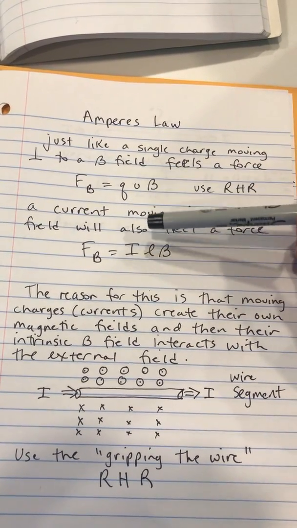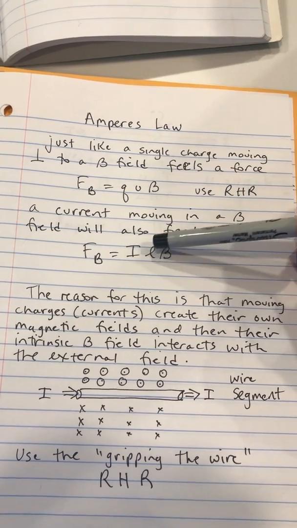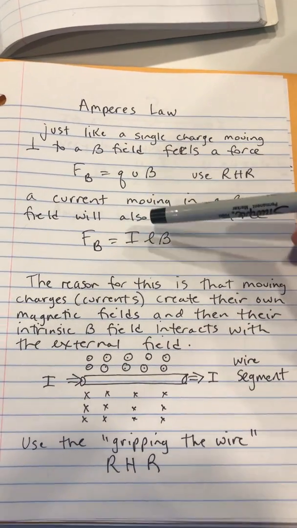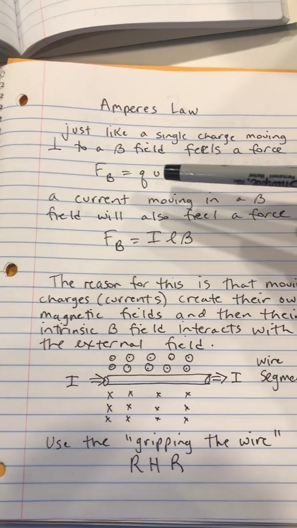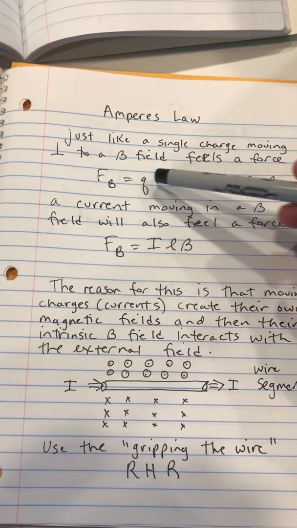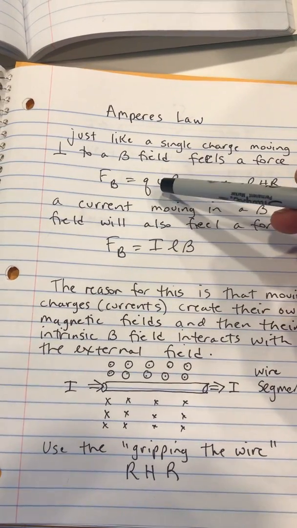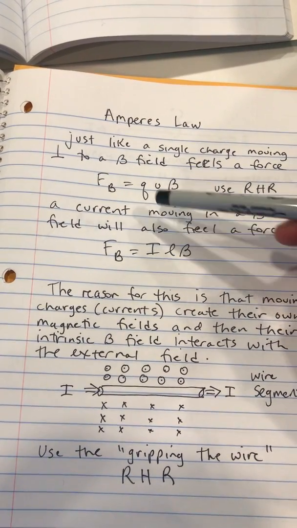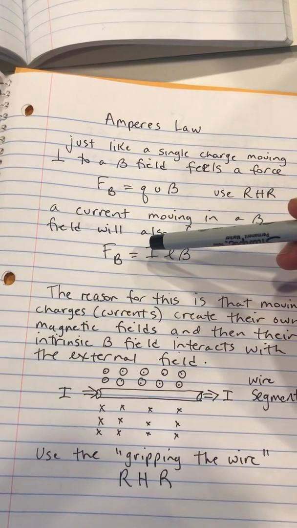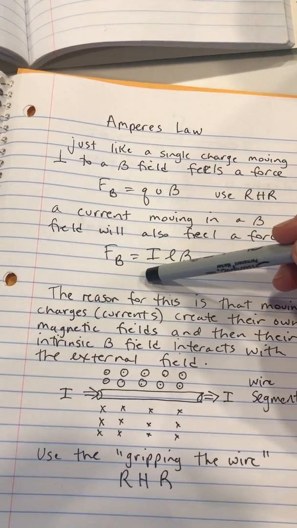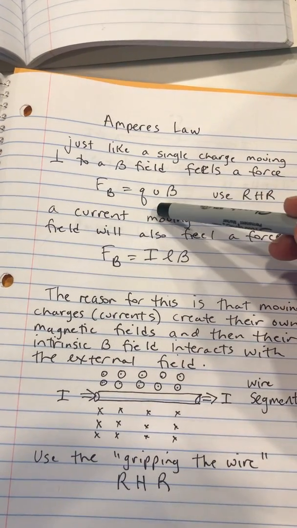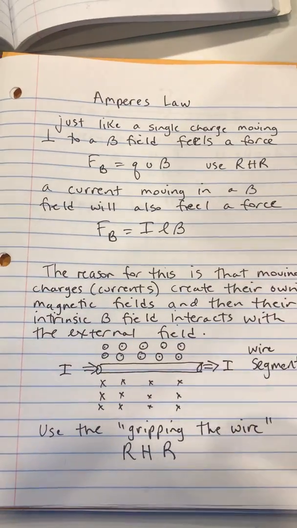Instead of velocity, it's the length of the wire in the magnetic field, and then B. I want you to take a moment, maybe after this video, and just verify for yourself, knowing the units for everything, that the units for these equal out to be the same thing. Because current is coulombs per second, and meters. And here we have coulombs and meters per second. See how that works out to be the same thing? I guess I just did it for you.